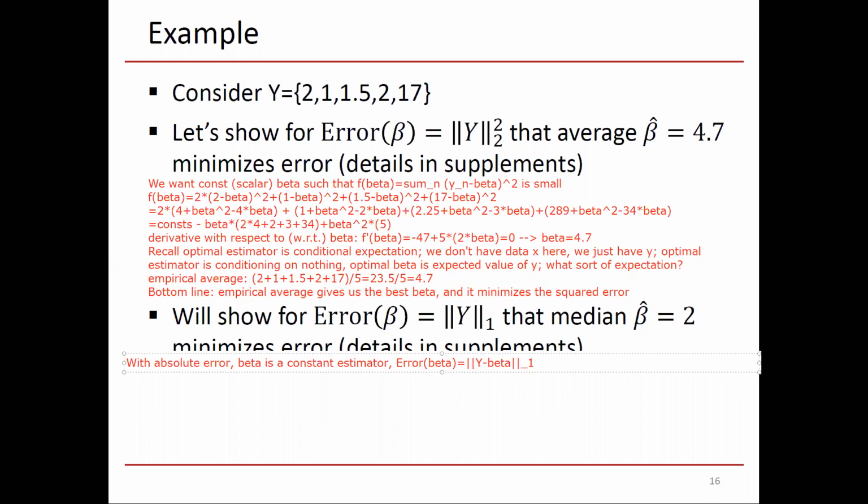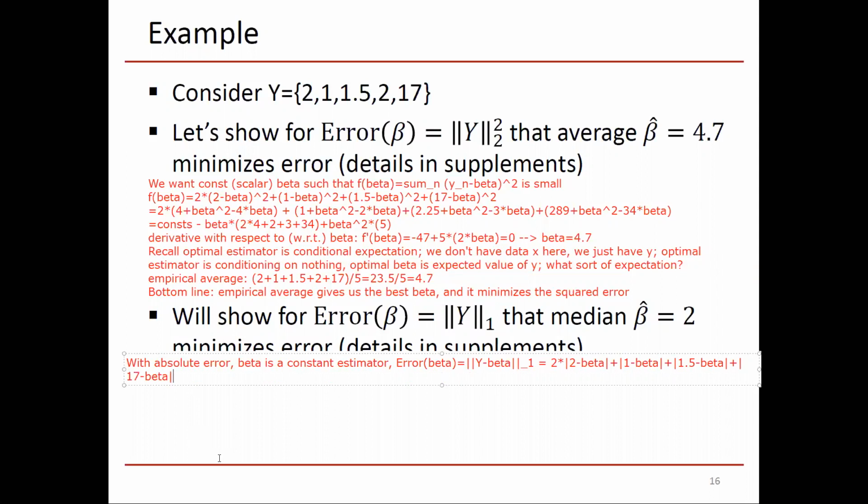It's a summation over absolute values. So this is 2 minus beta. Now recall, the number 2 appears twice, so I'm multiplying it by 2, plus absolute of 1 minus beta, plus absolute of 1.5 minus beta, plus absolute of 17 minus beta.